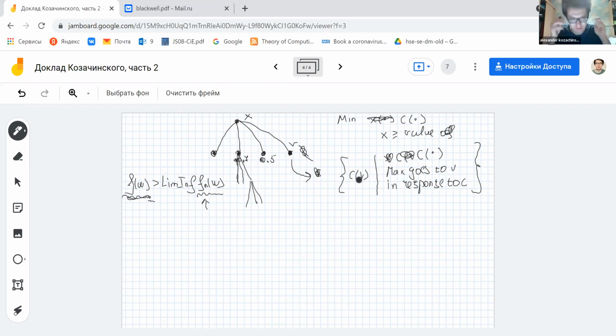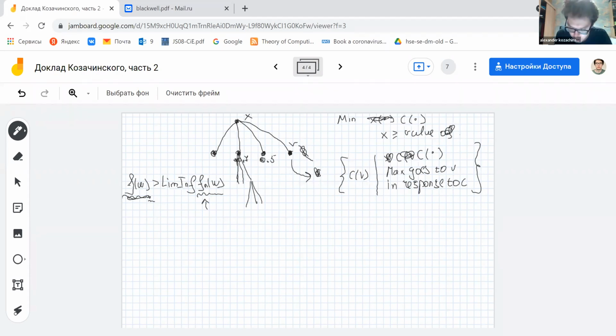The bigger the value C of V, the harder and less profitable it is for max to go to V, but still there is some maximal, or rather supremum, value for V such that max still goes to V if min gives you something where C of V equals this.